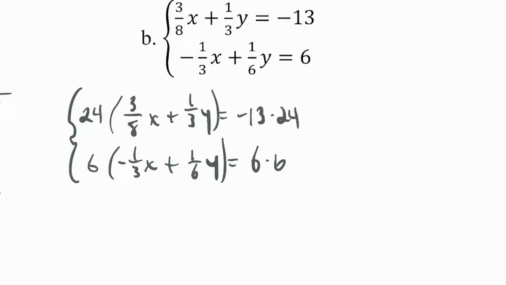So, when I distribute the 24, I'm going to have 24 times 3 over 8. That reduces to 9. So 9x. When I distribute the 24 here, I'll have 8y. So plus 8y equals, I guess that's negative 156. No, it's negative 302, I believe?